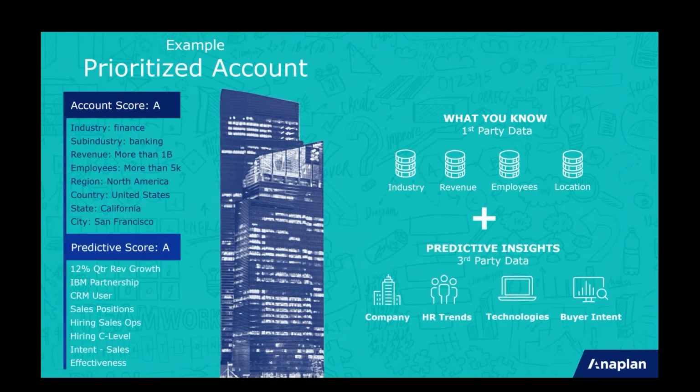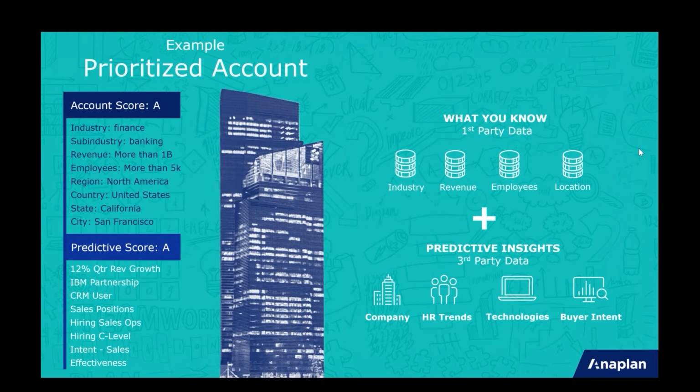However, with PI, with predictive insights, you would now be able to go that step further. And you would now start to look at HR trends, for example, that third-party data, such as the other relevant technologies that they may use, buyer intent, and also information about the company that goes beyond just how many employees they have or what industry they're in.